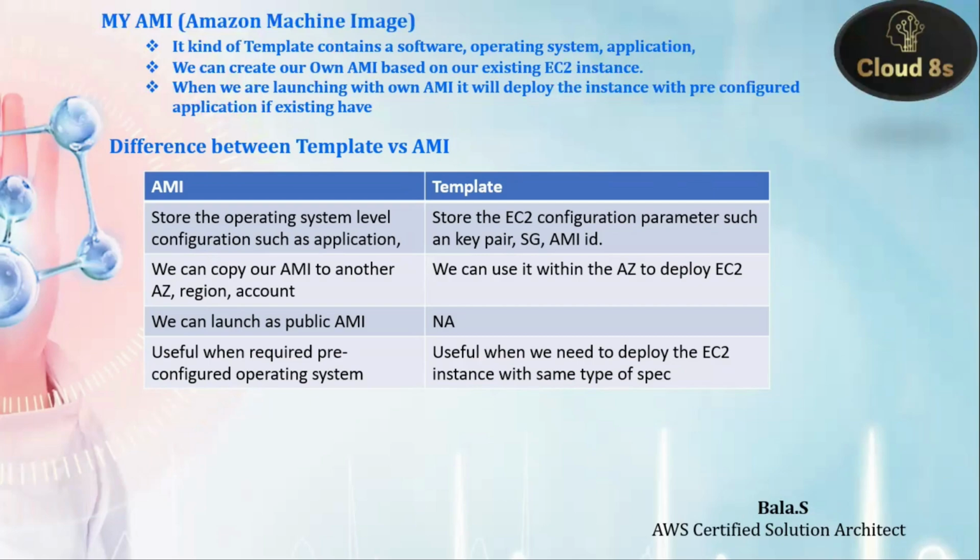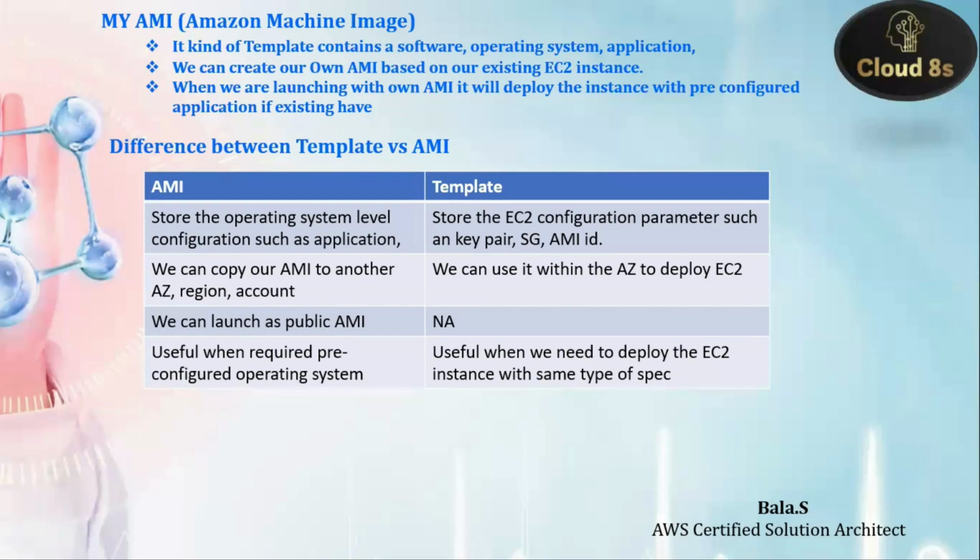Coming to the template, we can use it within the AZ, and deploy the EC2 instance using a set of configurations. The second thing is that when we create an AMI, we can make it public so that everyone can use it. With private, we can use it only in that particular region or AZ based on access. But the template does not offer this.